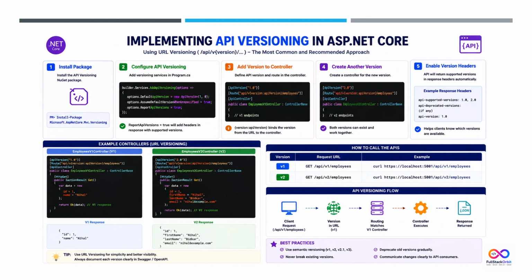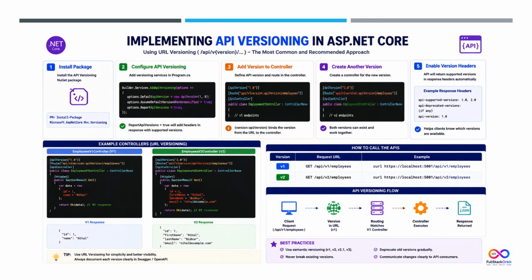In step 2, we need to configure the API versioning. We configure the API versioning inside the Program.cs file. Here we enable API versioning and specify the default API version. We can also configure options such as default API version, assume default version, and report supported API versions.